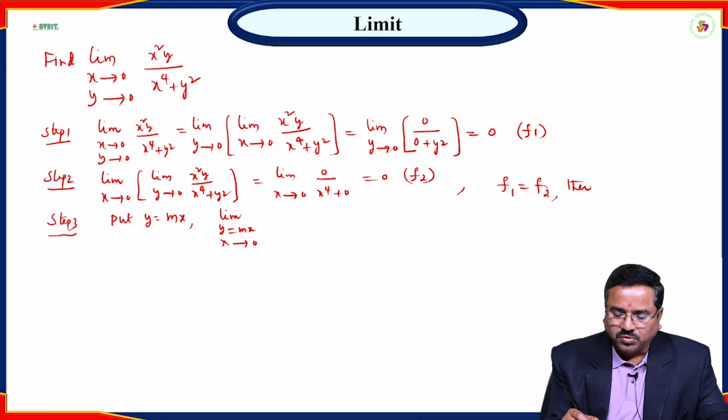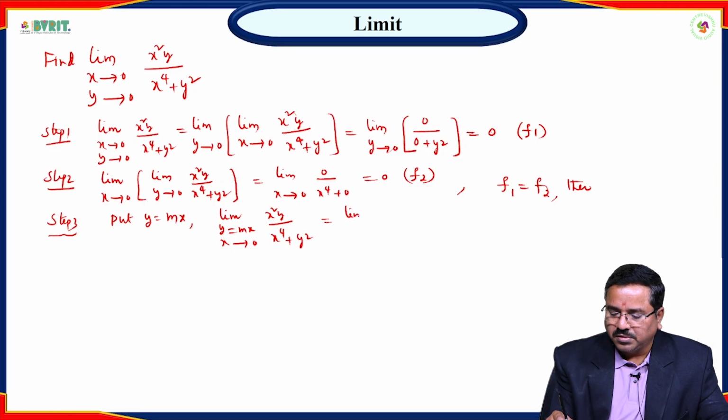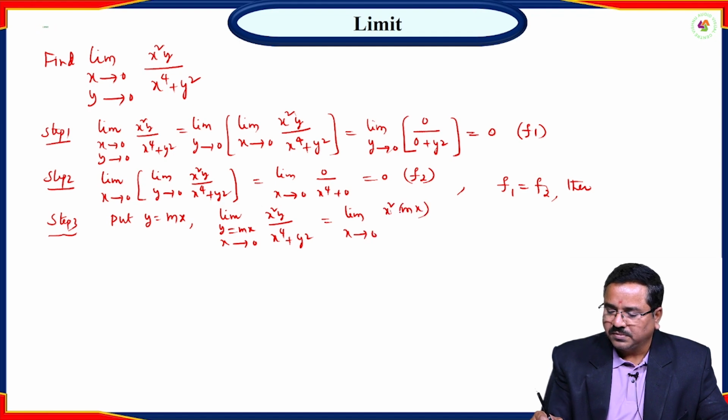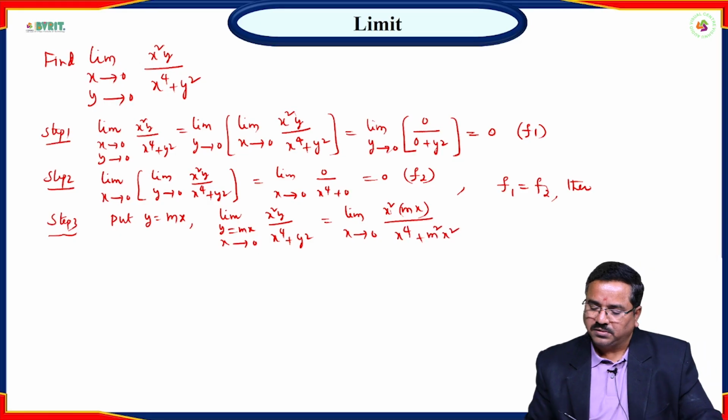This is x square y by x to the power of 4 plus y square. So, limit x tends to 0, put y is equal to mx: x square mx by x to the power of 4 plus m square x square.